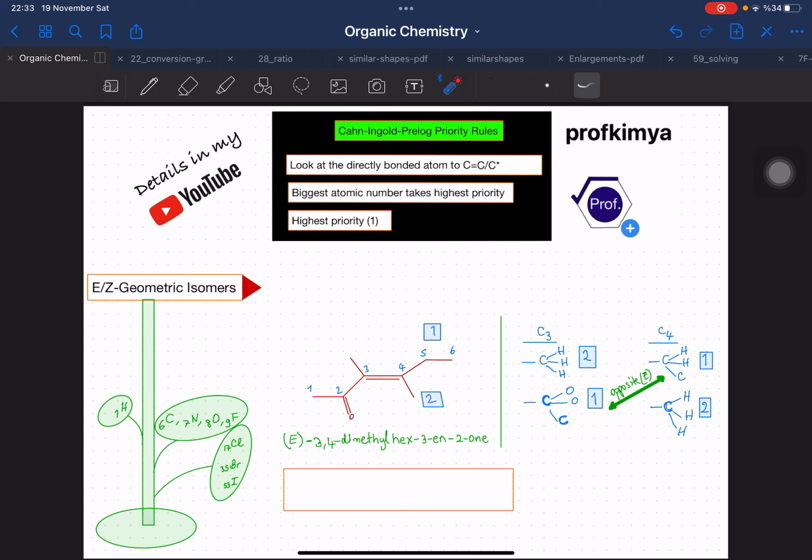When I go to C3, C3 has a methyl and acetyl group. Methyl group has the lowest priority.